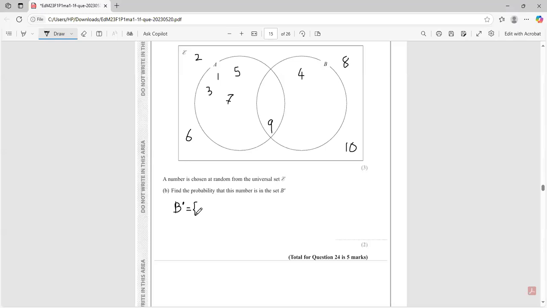Technically, that's all the numbers except 4 and 9. Sorry, 9 is there too, because 9 is part of B. So everything except 4 and 9. So we're going to just write it.